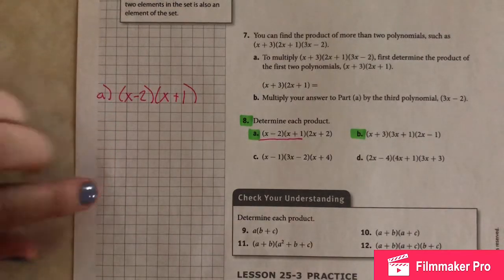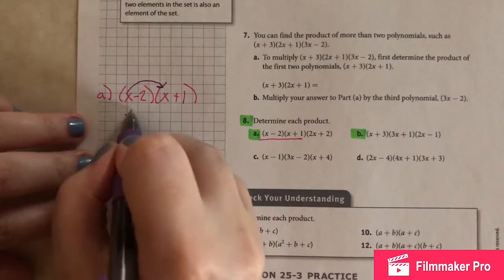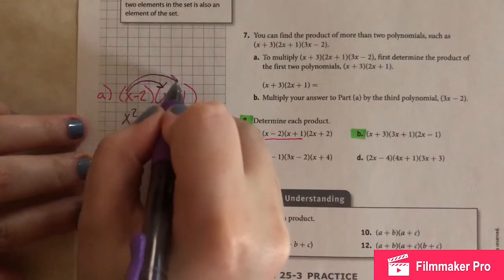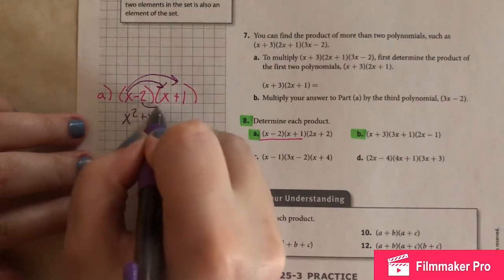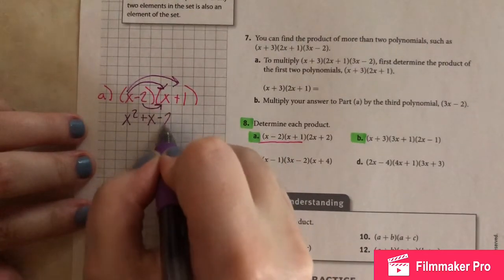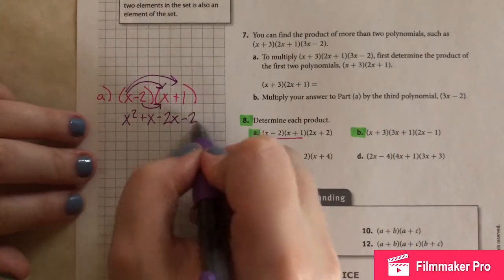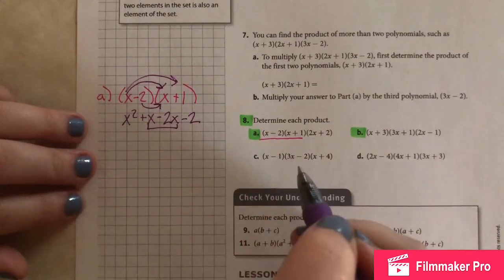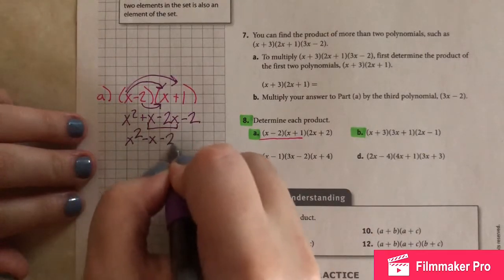So, we're going to do this. I'm doing distributive property. So, x times x is x squared. X times 1 is x. Negative 2 times x, negative 2x. And negative 2 times 1, negative 2. Combine your like terms. So x squared minus x minus 2.